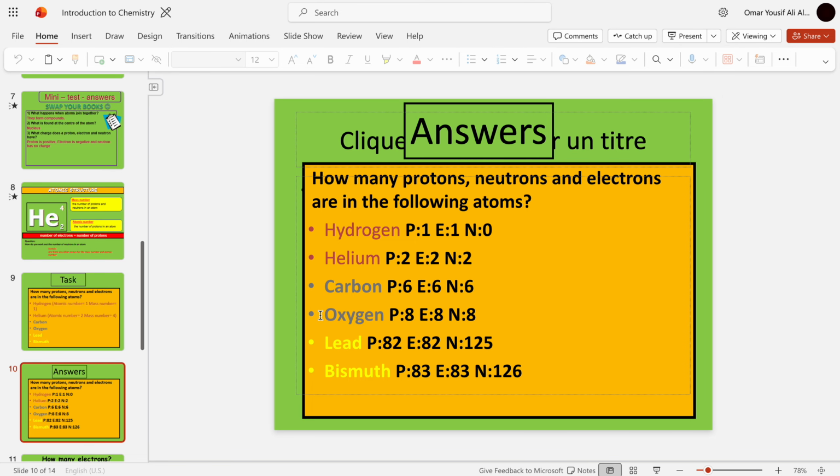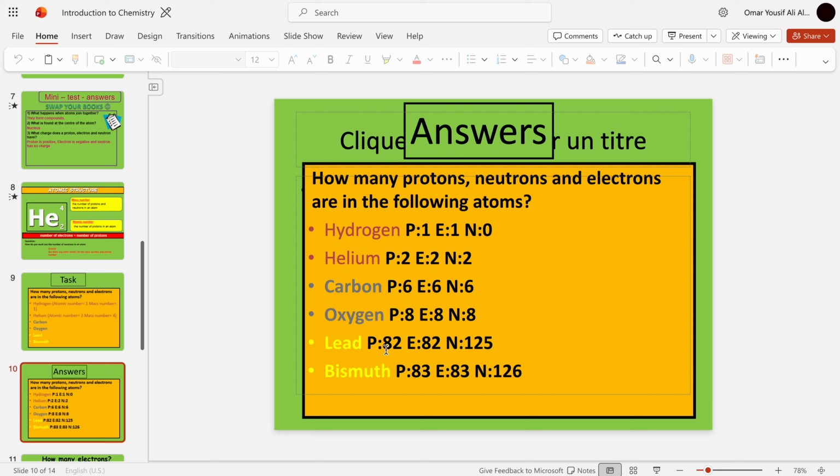And oxygen, the atomic number is 8, since the protons are 8, the electrons are 8, since protons and electrons always have to be the same. Always remember that, class. And the mass number is just the protons plus the neutrons. And as you can see here on the PowerPoint, there are 8 neutrons in one oxygen atom. So 8 plus 8 equals 16. So the mass number of oxygen is 16.